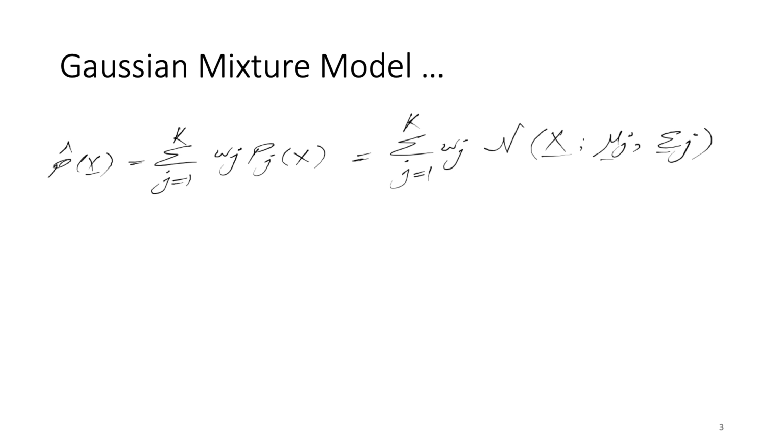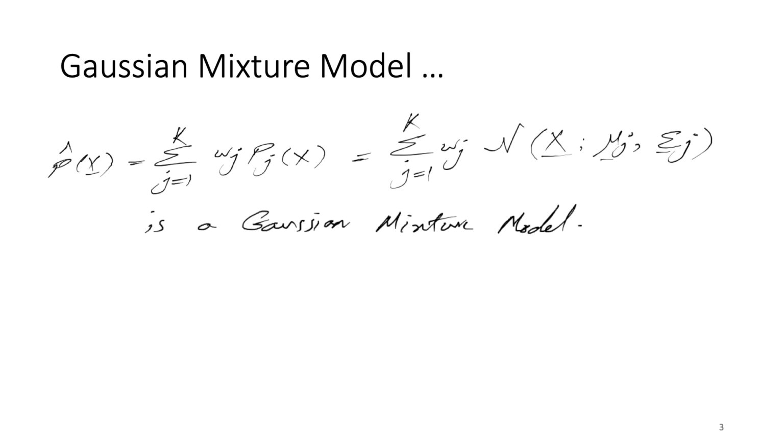And this is equal to wj times a normal distribution that these parameters define for us, the mu j and the covariance of j, right? And that's what we call a Gaussian mixture model, or GMM. So we use this in order to go one step further than the Parzen window, the density window.